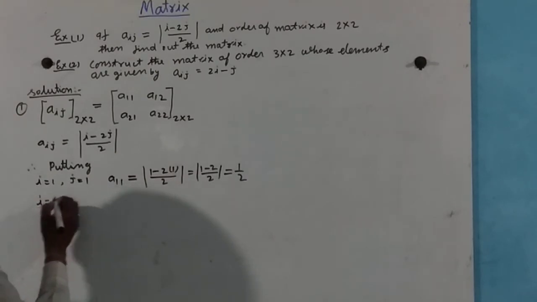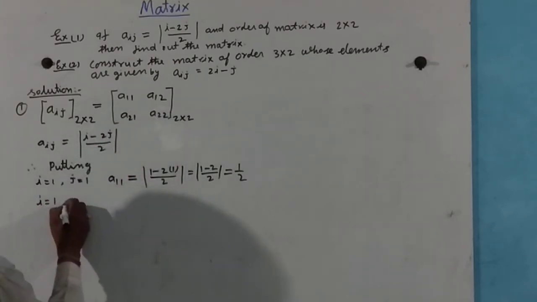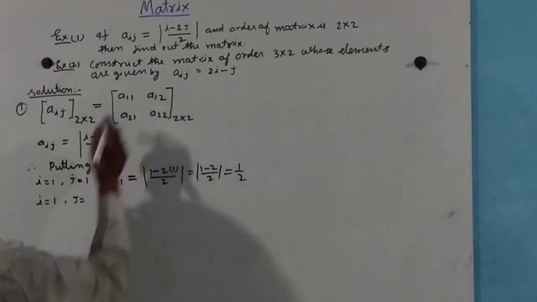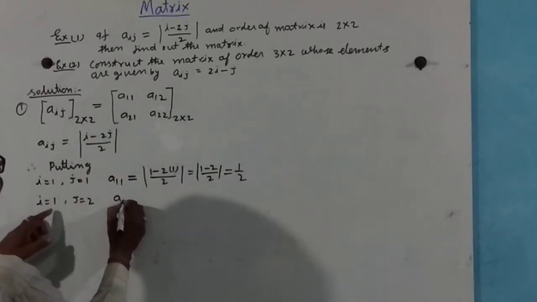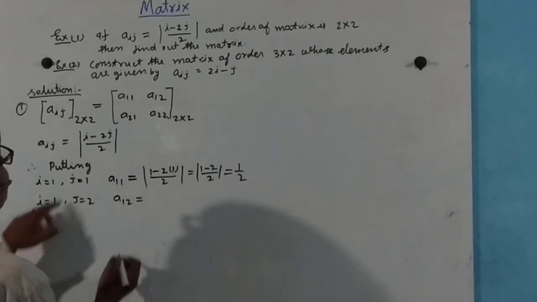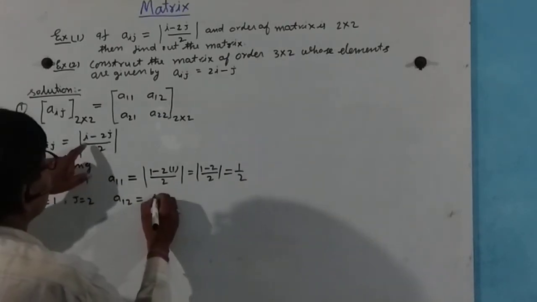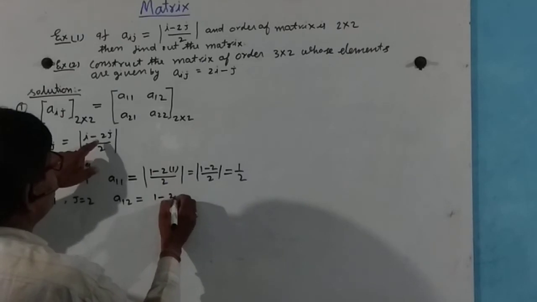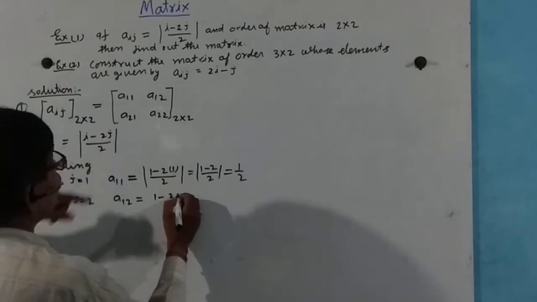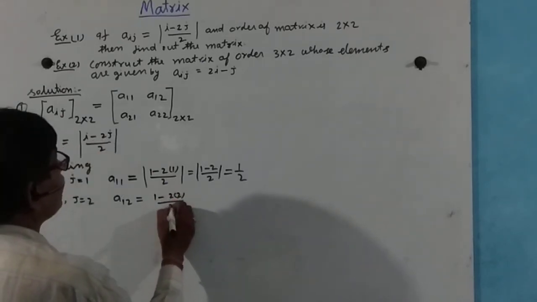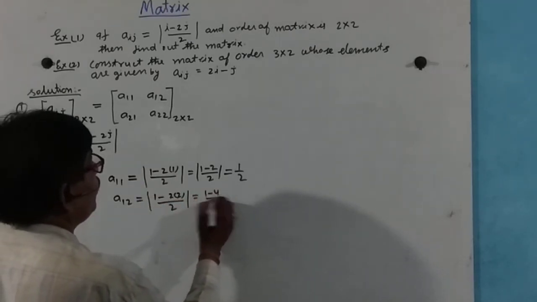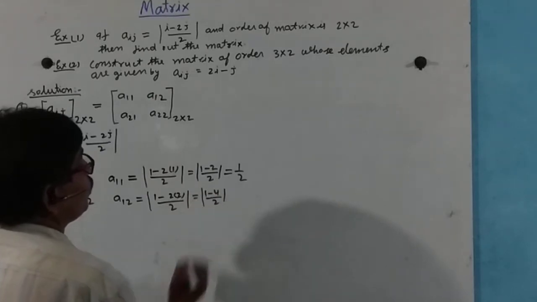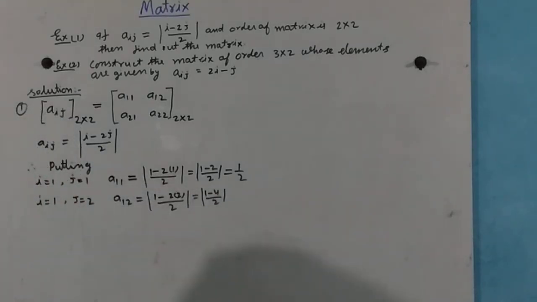For i equal to 1 and j equal to 2: A12 equals mod of (1 minus 2 into 2) by 2, which is 1 minus 4 by 2, so 3 by 2.